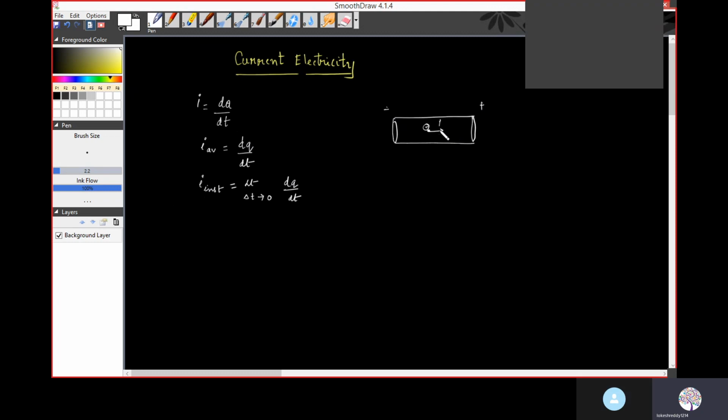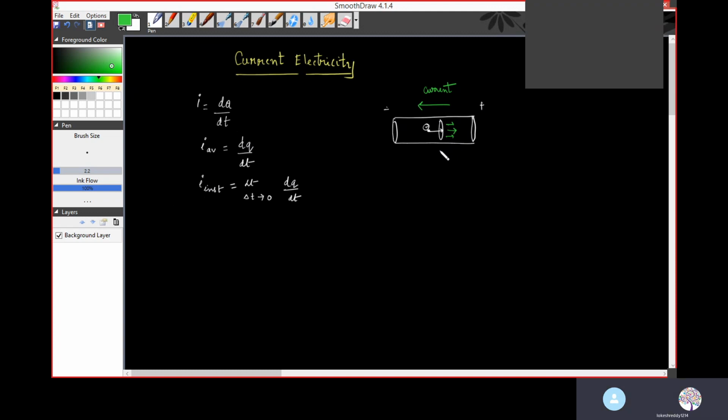Now if you consider a cross section, the number of electrons moving in this direction will be more. So we say this is electronic current. If this is the direction of the electrons, then this is the direction of the current. The electric current direction is taken opposite to the direction of the motion of electrons.